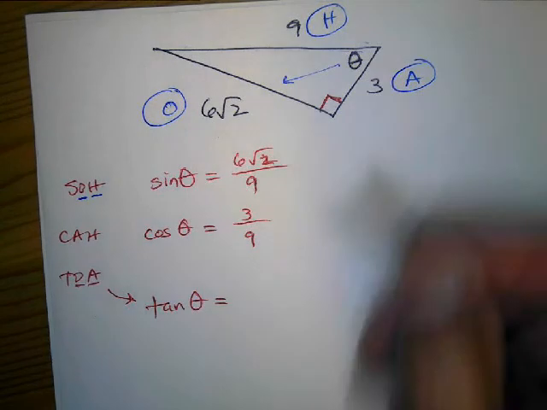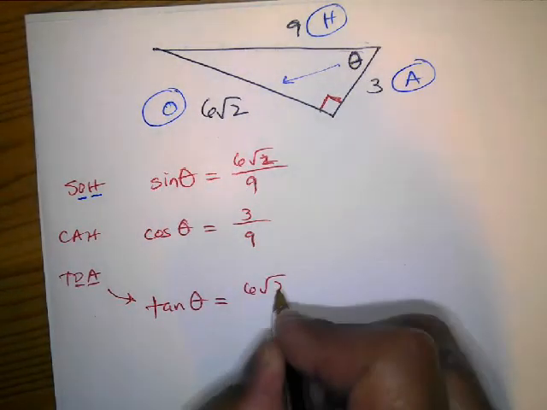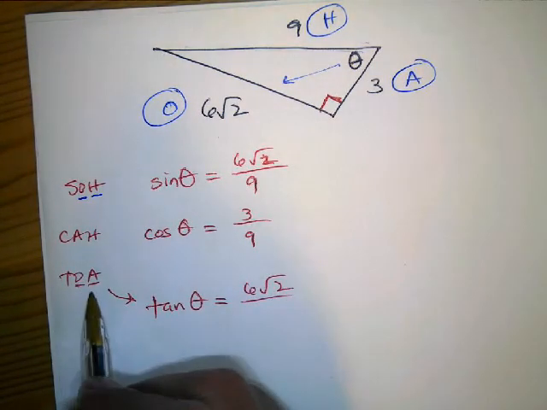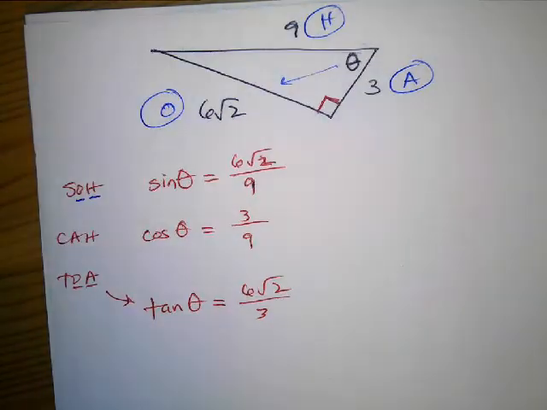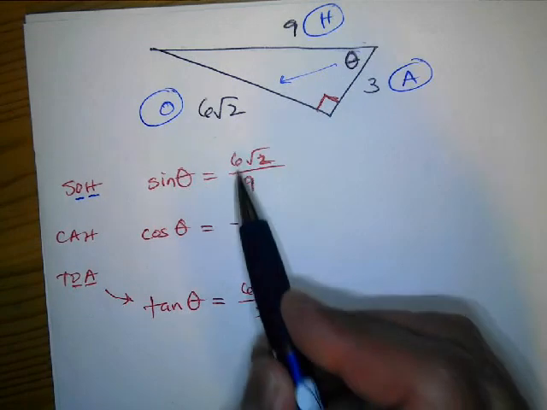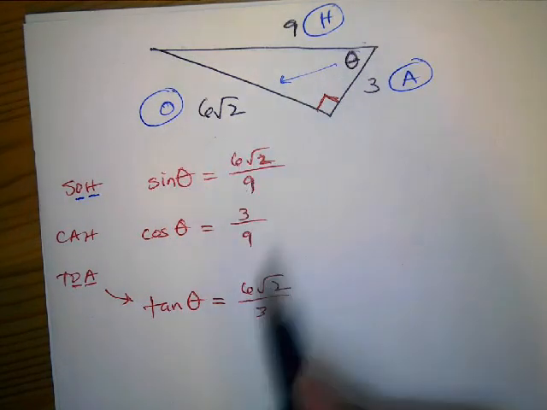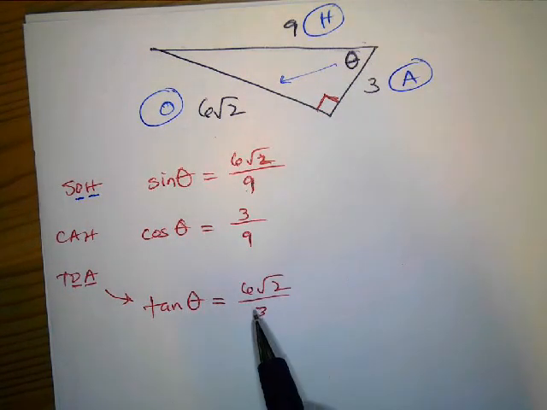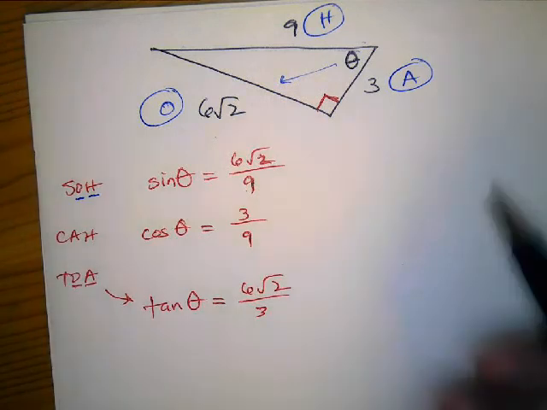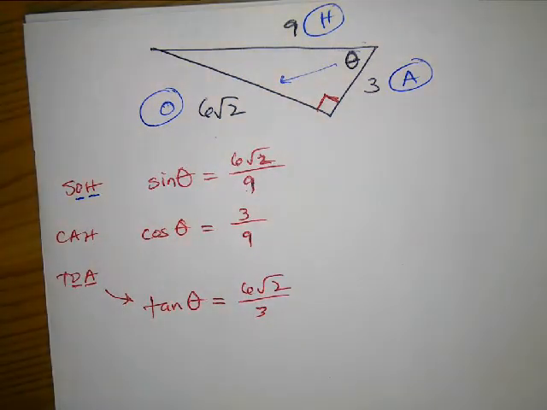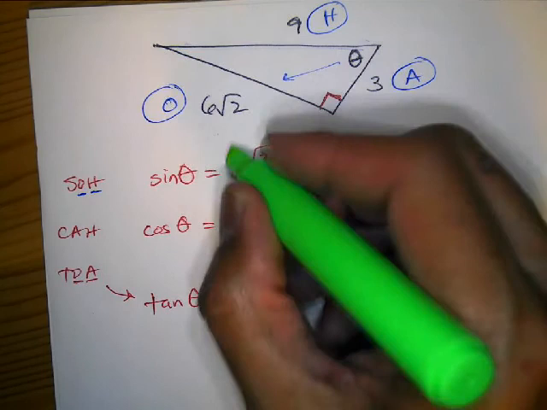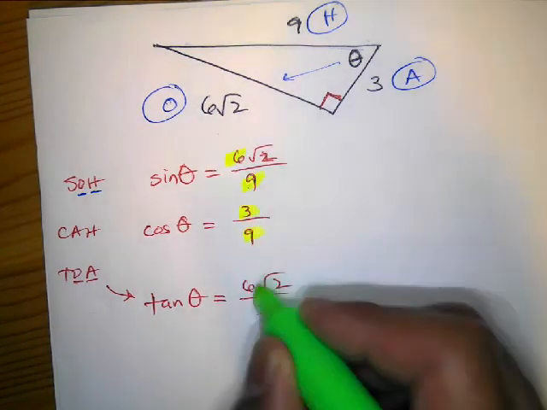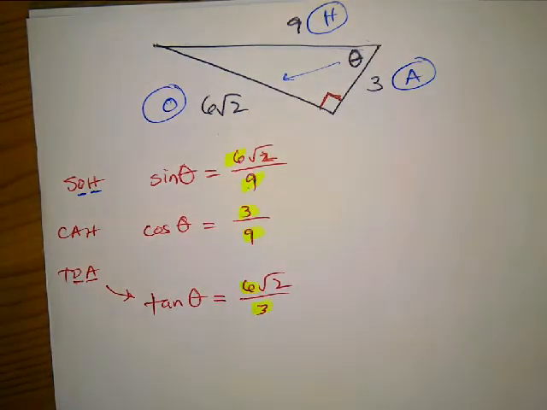And tangent, tangent is O over A. O, which is 6 root 2, over A, which is 3. And so like I said, and what's happening here, like it happened on the previous problem, always look at the whole numbers and reduce here, because if you don't reduce here, then the other ones won't be reduced, and then you got to reduce 6 instead of 3. So let's reduce the whole numbers now.